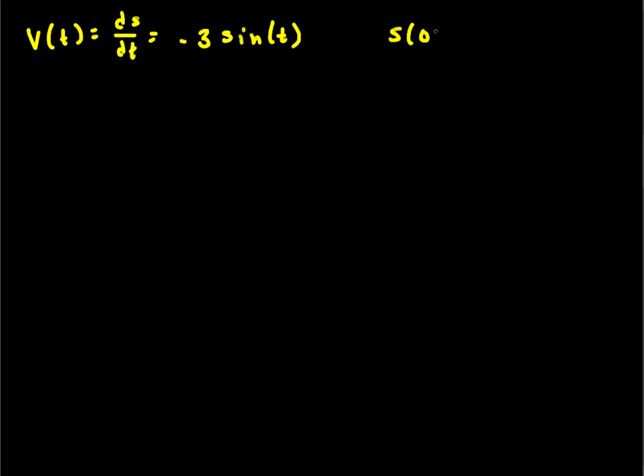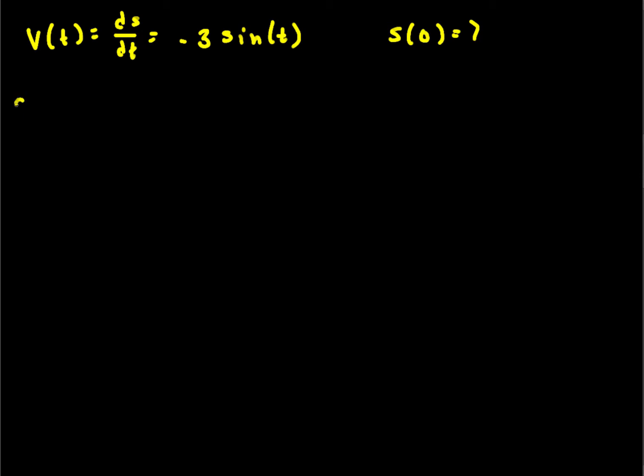Let's do another example. So let's say that v of t, which again is our derivative of position with respect to time, is given by -3 sine of t. And we know that s of 0 maybe is 7.